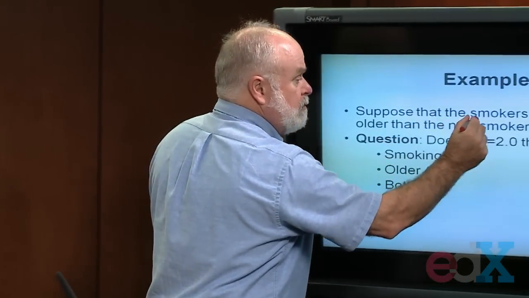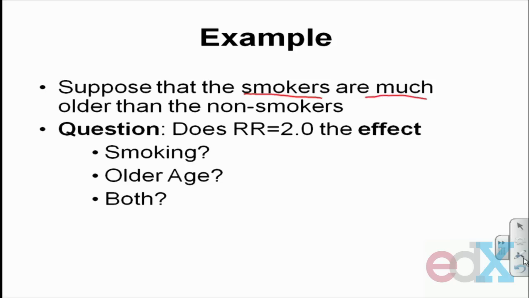And you notice that the age distribution of your smokers was not the same as the non-smokers. Let's suppose that the smokers in your study are much older than the non-smokers. So really what you found was twice the incidence of heart disease among old smokers compared to young non-smokers.